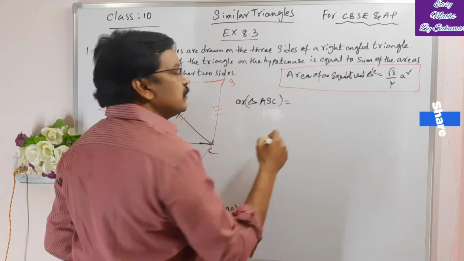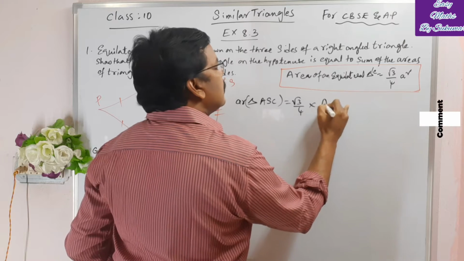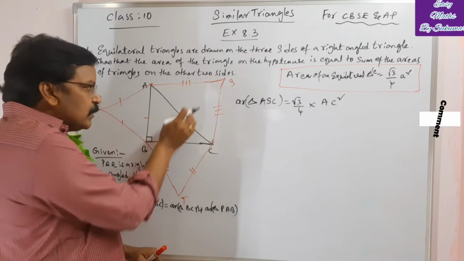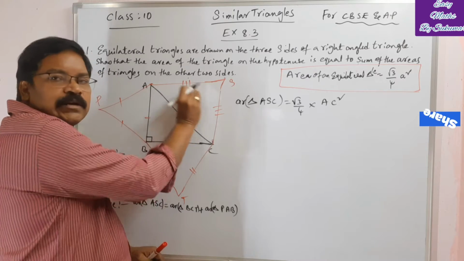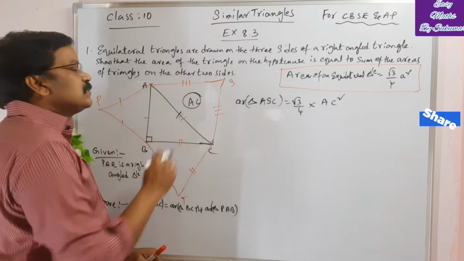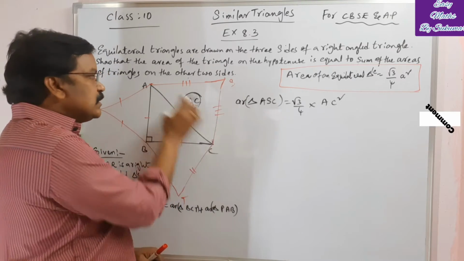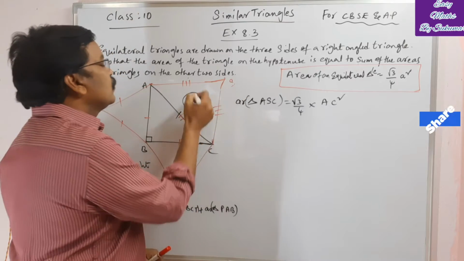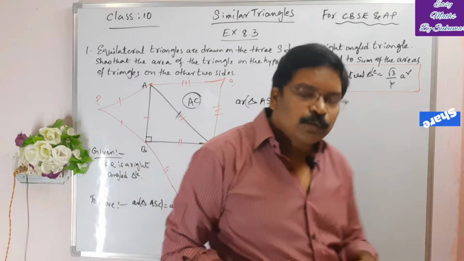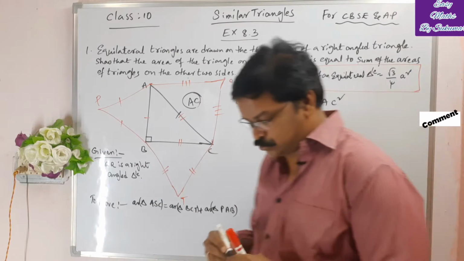That means root 3 by 4 into AC square. Each side of this equilateral triangle is equal to AC, so AC is equal to SC is equal to AS. Therefore, root 3 by 4 into AC square.